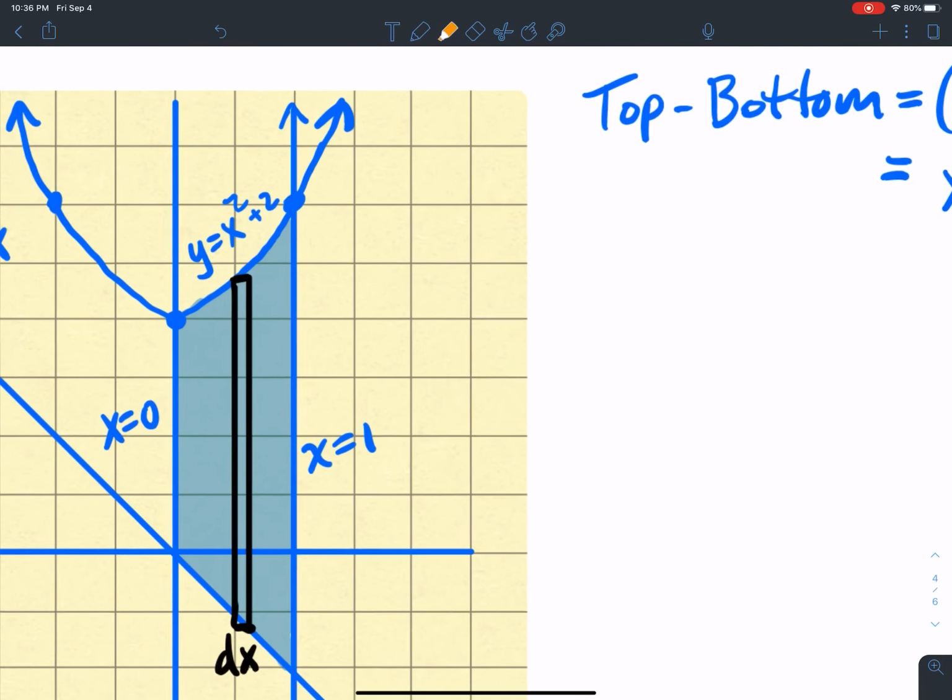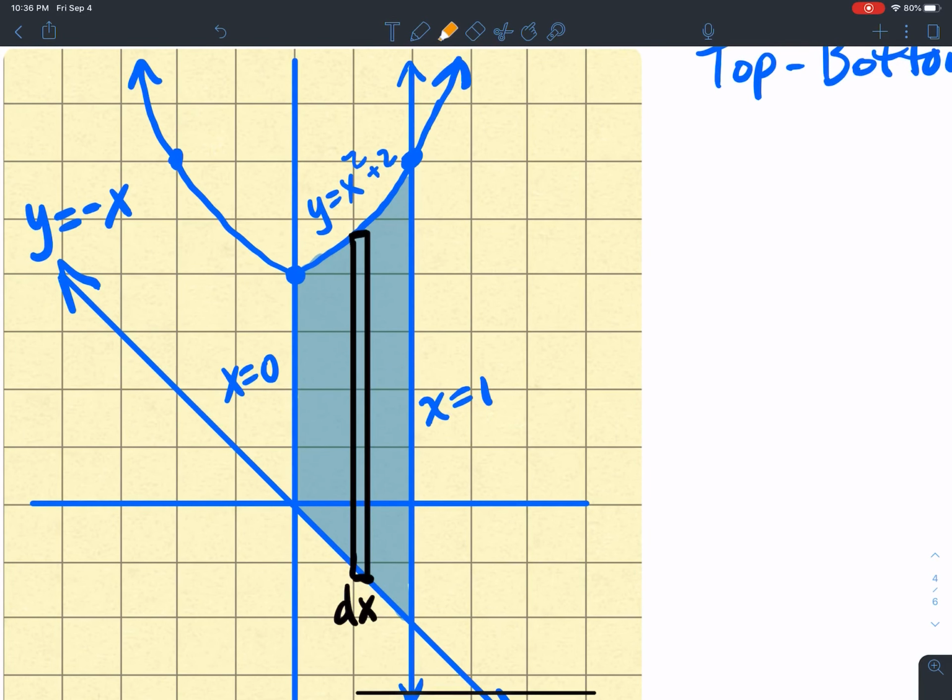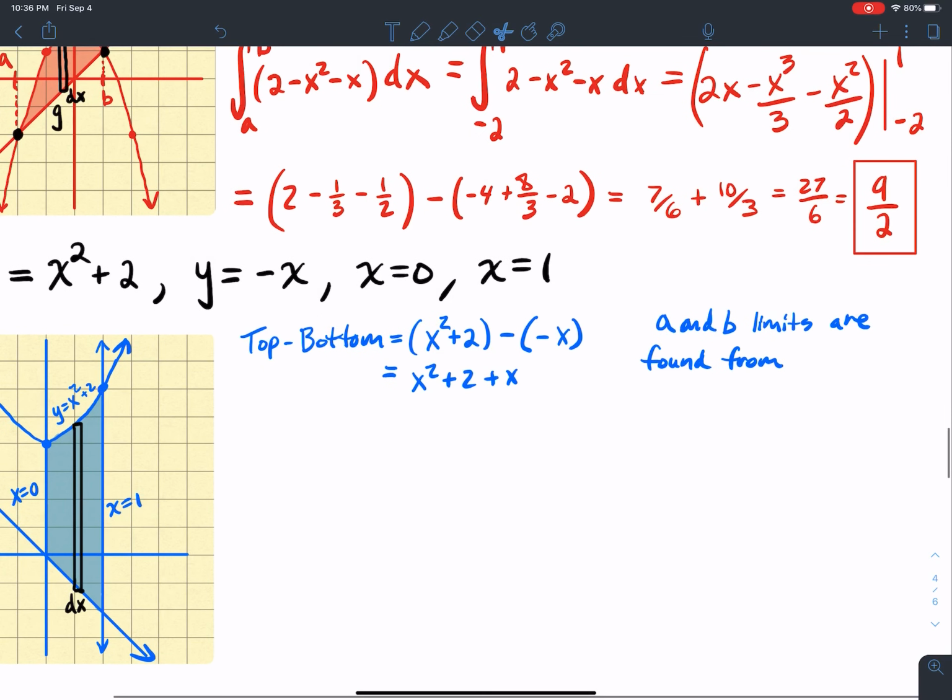Well, the limits of integration are a little easier for this particular problem because when I make the rectangles, they start at 0, and then I add all the rectangles from there to x equal to 1. So x equals 0 to x equals 1 are the limits of integration.